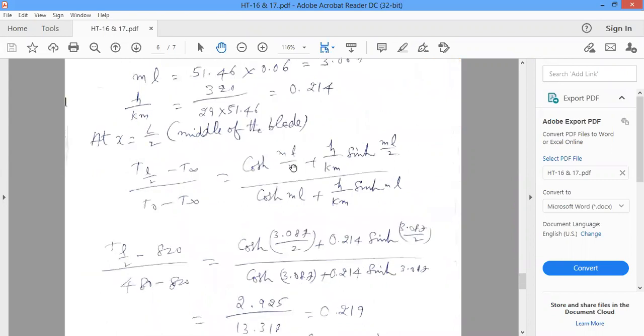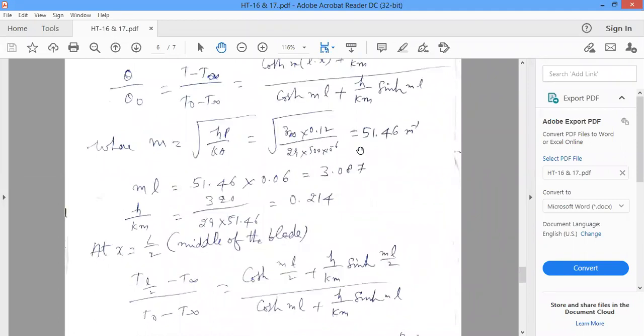That's why cosh ml by 2 plus h by km sinh ml by 2, divided by cosh ml plus h by km into sinh ml.